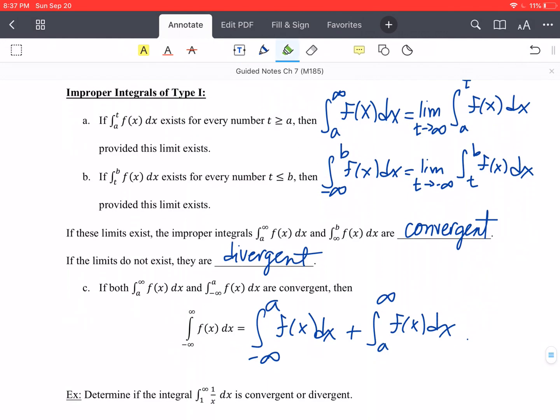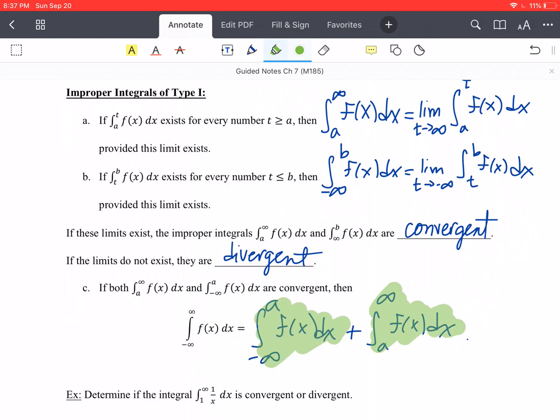Okay, and this goes back to a property we see in Calc 1, which is that you can split up an interval into different pieces. So we know that as long as this integral converges and this integral converges, that means they both approach finite values, then we can add them together to get the entire value, from negative infinity all the way up to infinity.